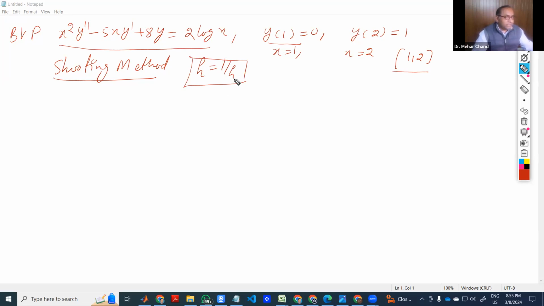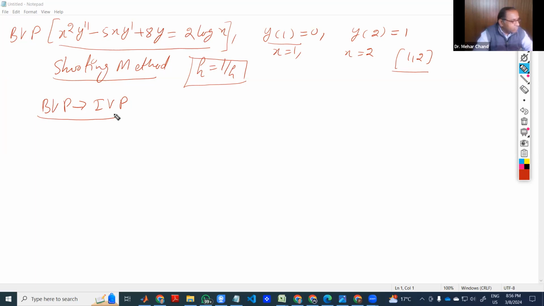So the first thing is we need to convert this given boundary value problem into an initial value problem. This is the very first step. How can we do this? It is quite simple.